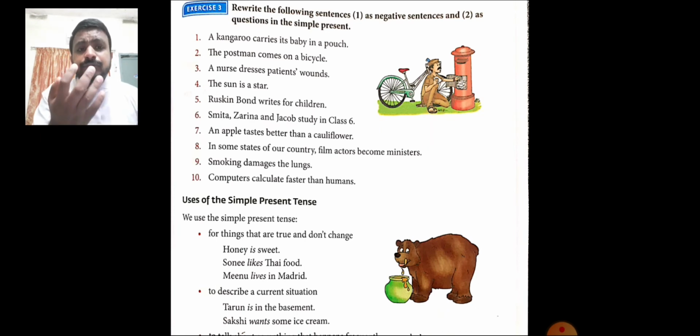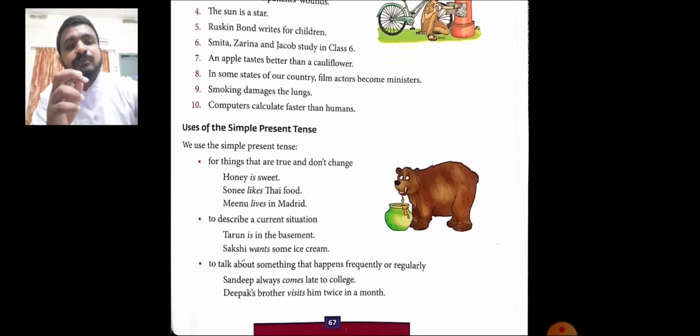Now, if you want to express a current situation, for example, Tarun is in the basement. Sakshi wants some ice cream. Those are the current situations. Current situation means whatever is happening now. So for that, we need to use simple present tense.